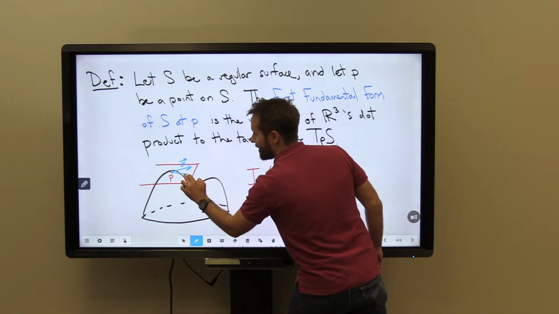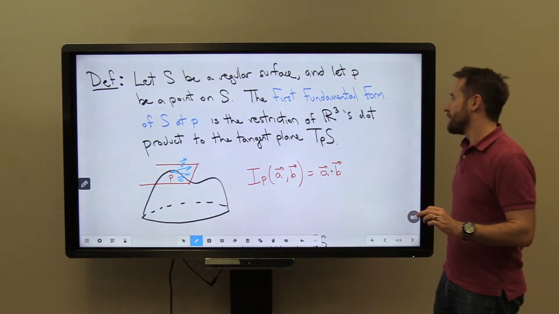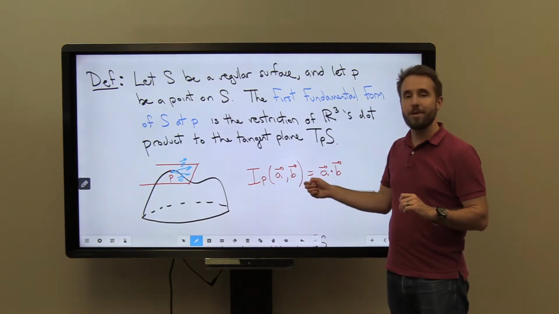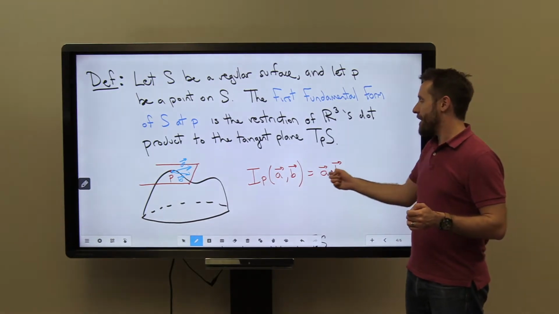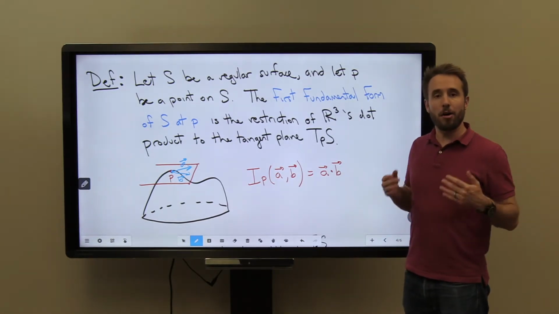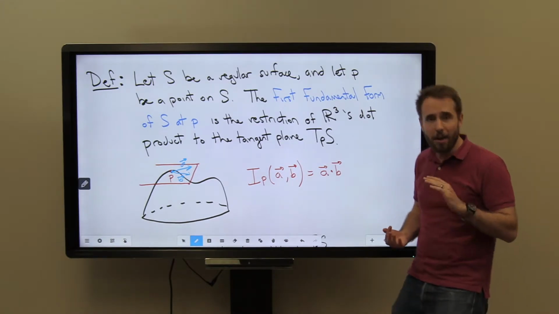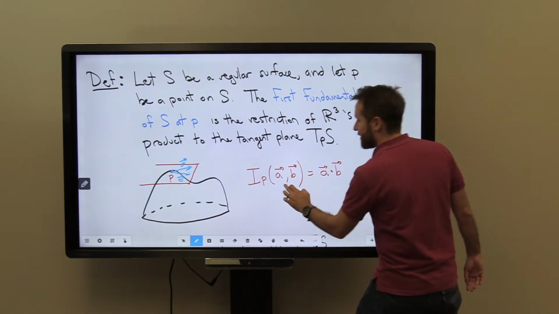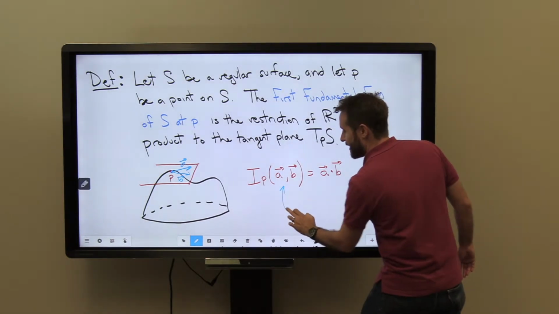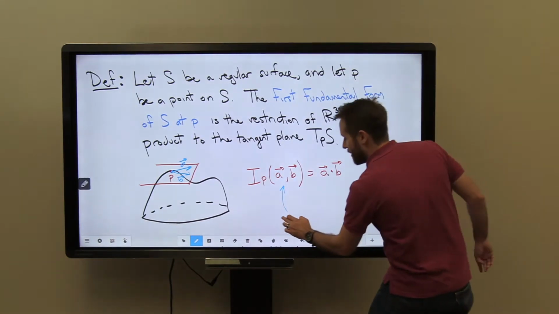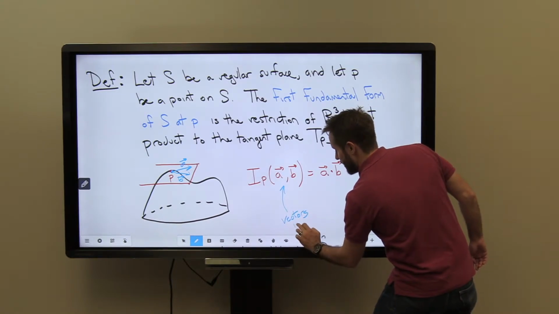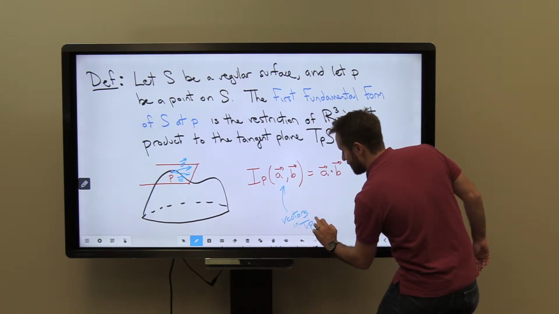And maybe this one right here is my vector B, and they are living in this tangent plane, then the first fundamental form of A and B is just equal to A dot B in the R3 sense. Now, worth pointing out, or being completely precise about this, these vectors A and B are vectors in T_P S, right?